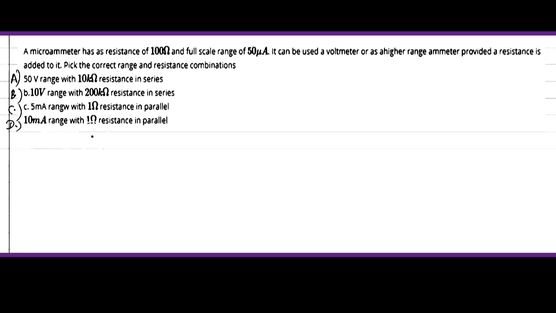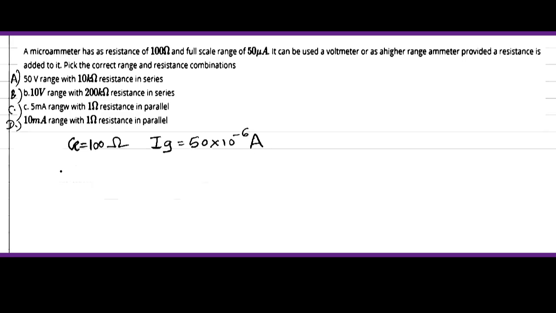Now, we have G is equal to 100 ohm and Ig is equal to 50 into 10 raised to minus 6 ampere.